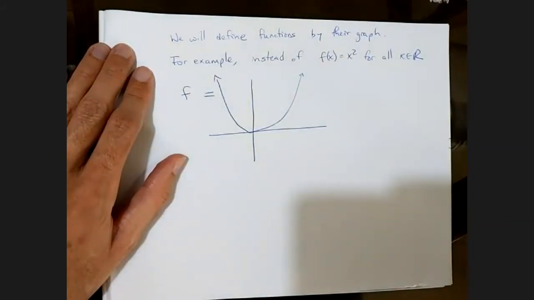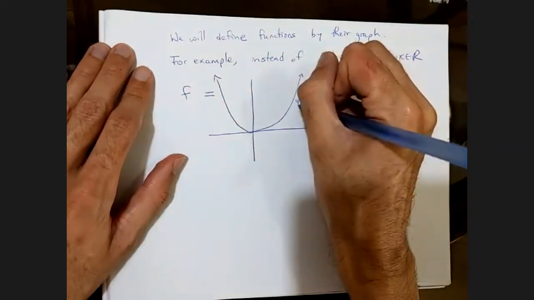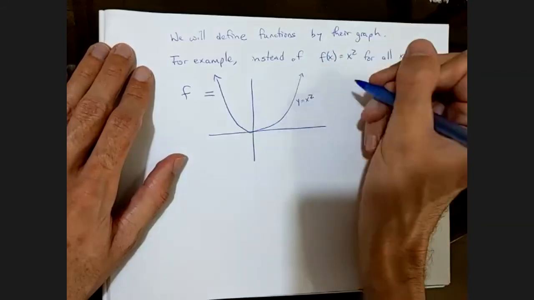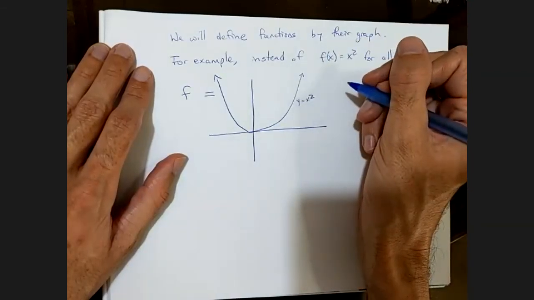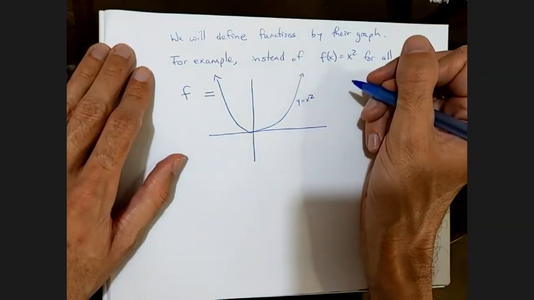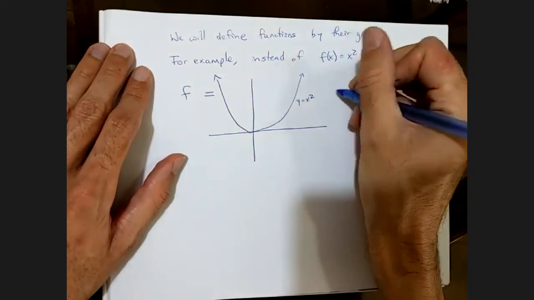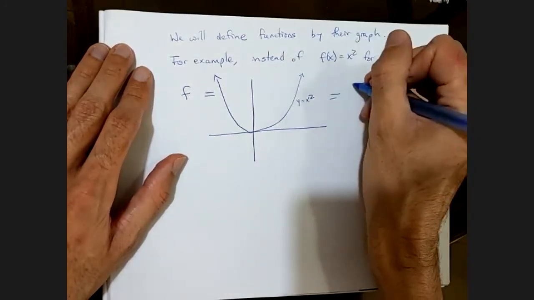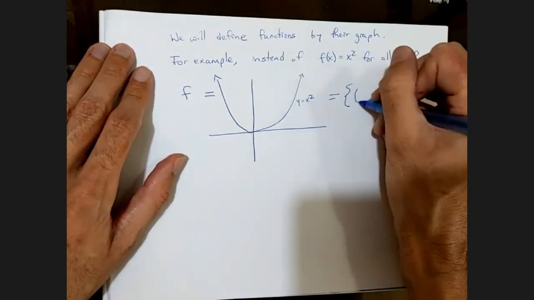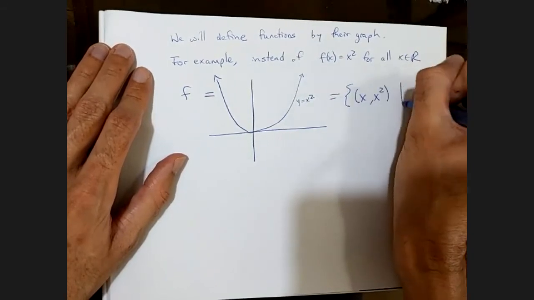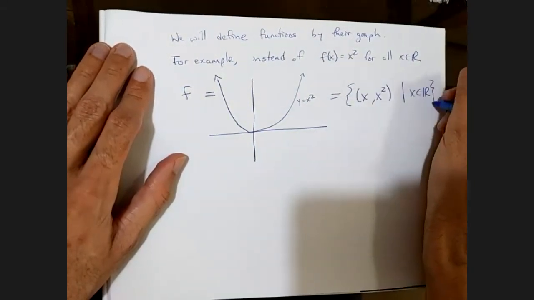Then here's the graph of y equals x squared. It's not a good idea to make a definition by picture. So this picture gives us the idea, the actual definition of f. It'll be all the pairs as x ranges over all real numbers.